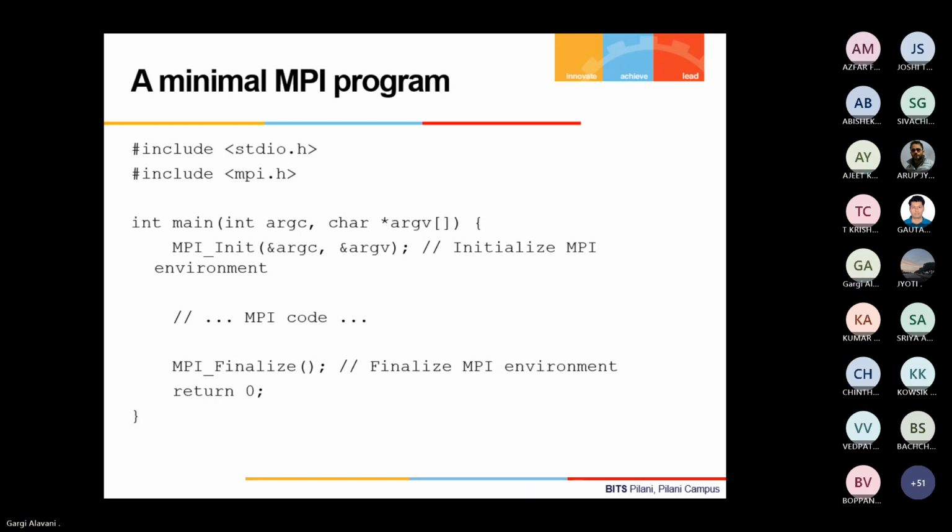Each of these processes can access its private memory space, and if there is any data exchange happening between these processes through message passing, memory will be utilized for that too.